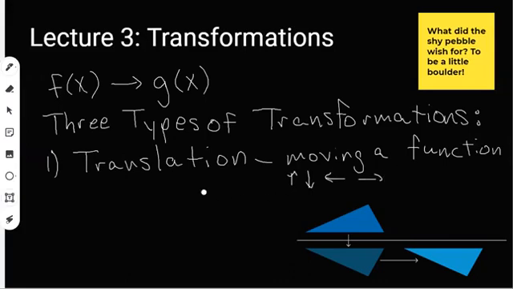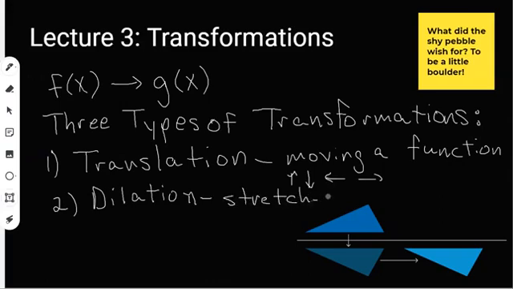And we'll talk about all those today. The second type of transformation is called a dilation. And this is where a function stretches or shrinks.